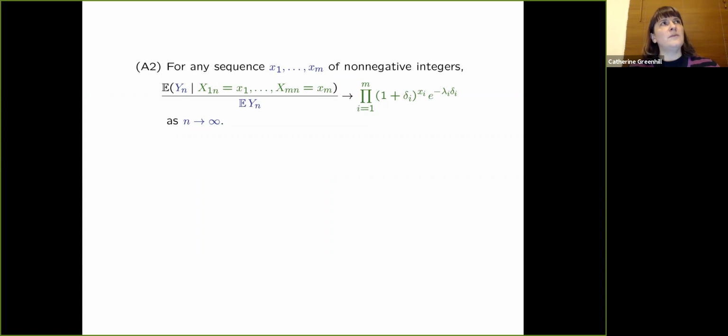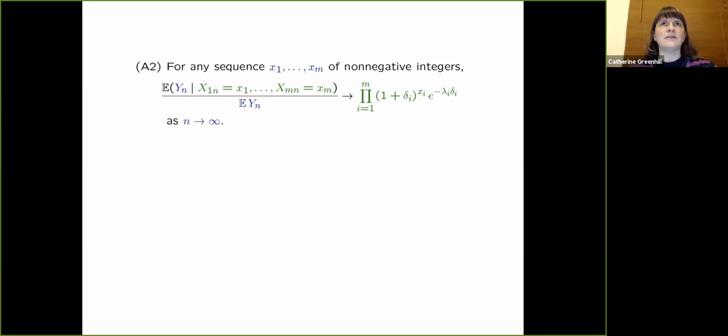You need to be able to control, well, if you condition on the values of the first m of these random variables X_i, that needs to affect the random variable Y in a very predictable way. So the expected value of Y_n conditioned on these first m of the X_i's having particular values divided by the expected value of Y_n needs to tend to this product, which involves and really defines some constants delta_i, okay?